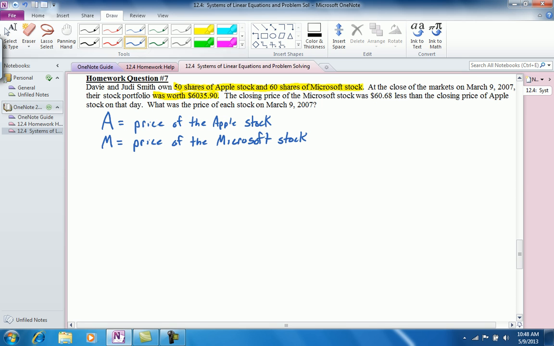So that equation would be 50A plus 60M, 50 shares of Apple and plus 60 shares of Microsoft, give you a total value of $6,035.90. So there's my first equation, coming from the value of the stocks.